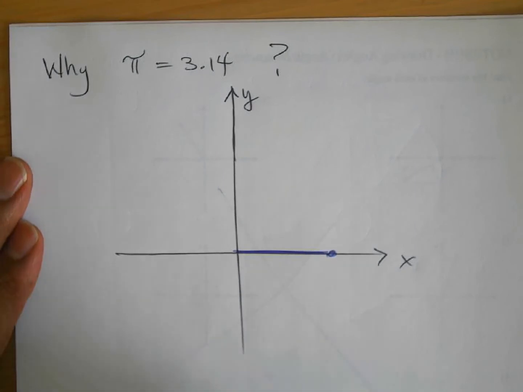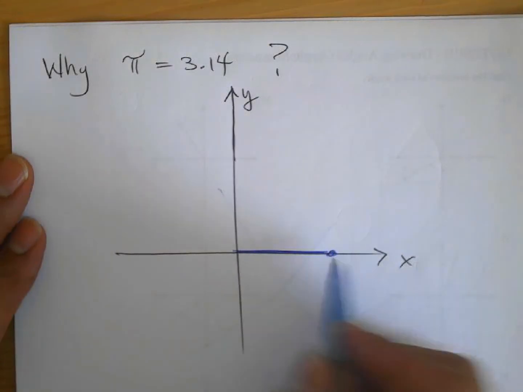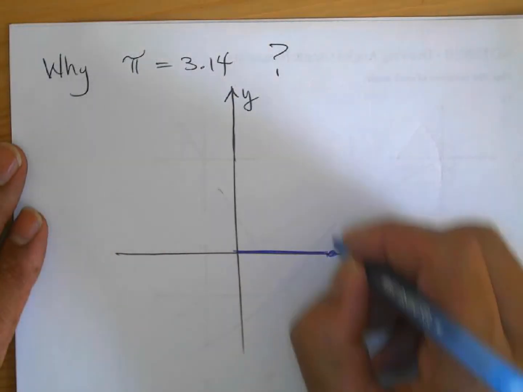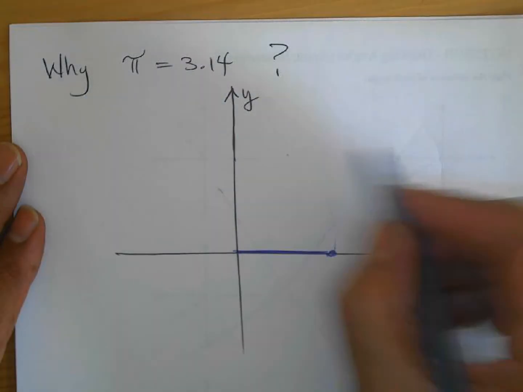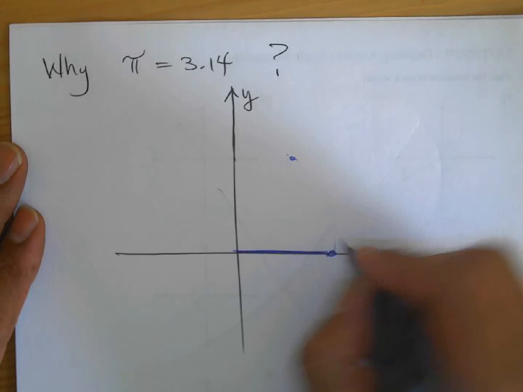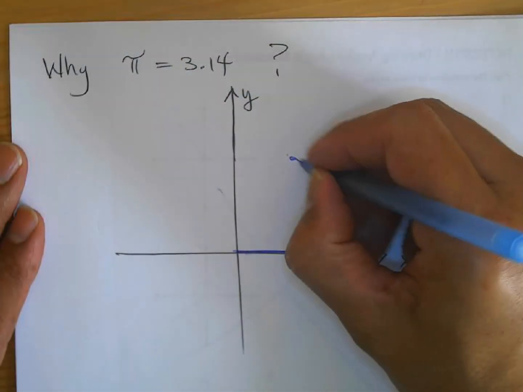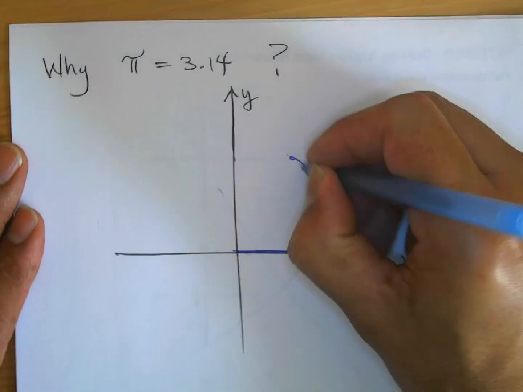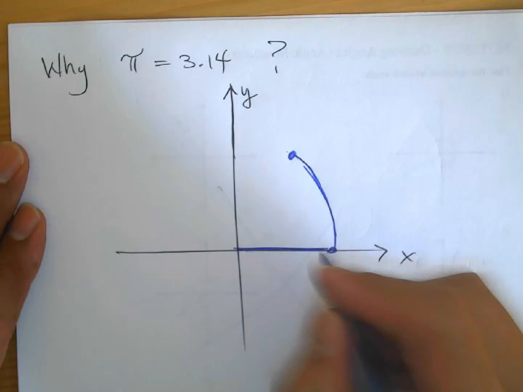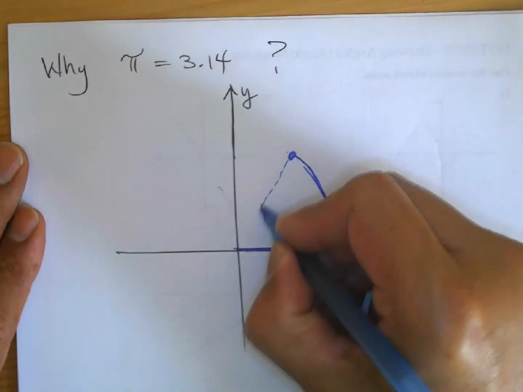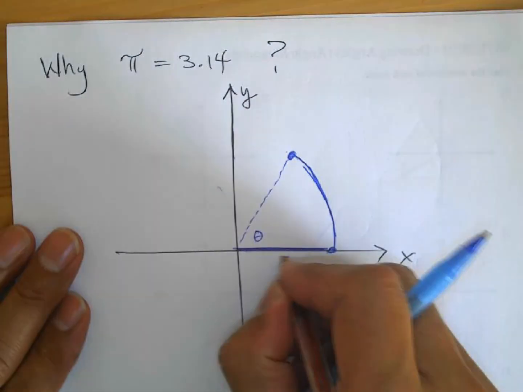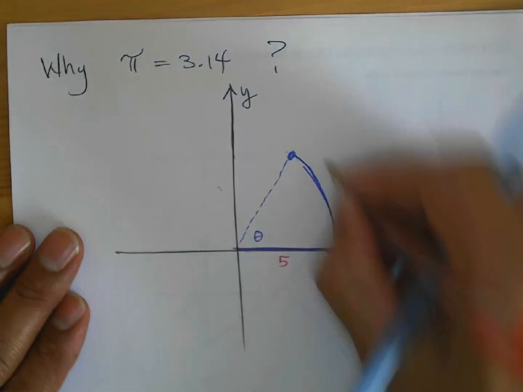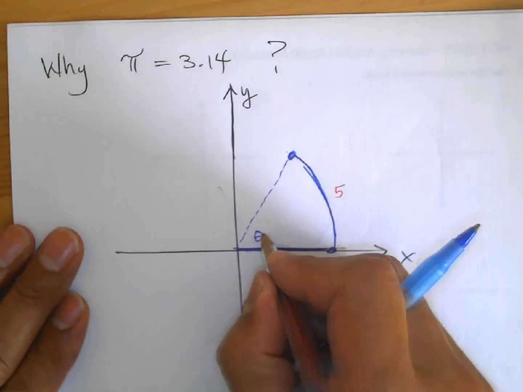Well, remember back here we said pi was 180 degrees. If you draw a circle, and then remember the definition of a radian: here's 1 radian right here. Let's say this is 5 or whatever. When this arc matches this length, that's 1 radian right here.